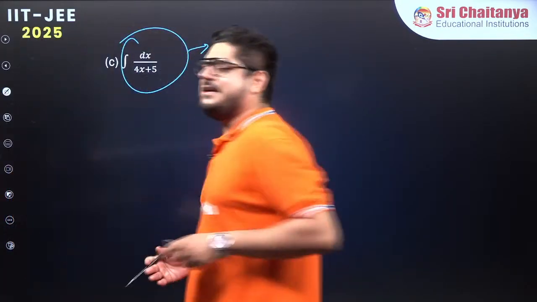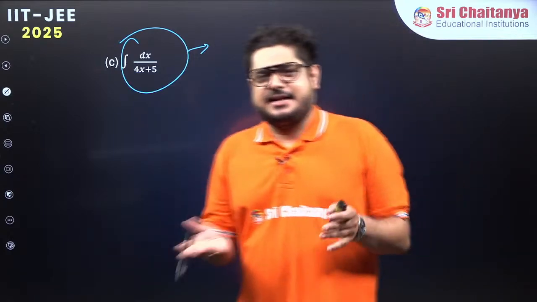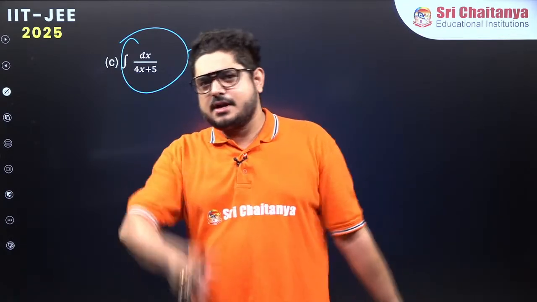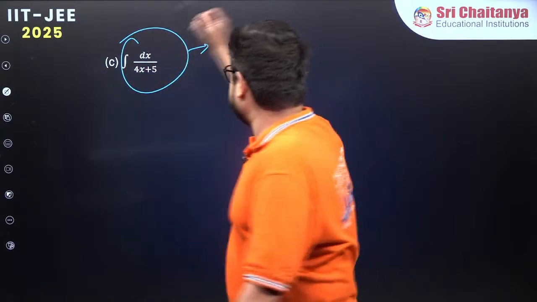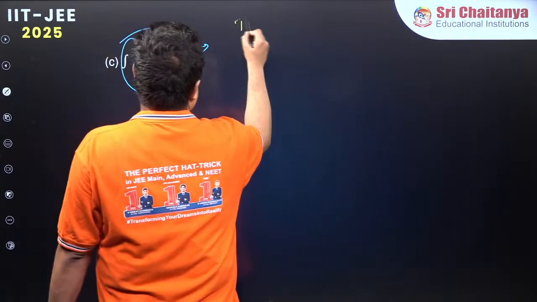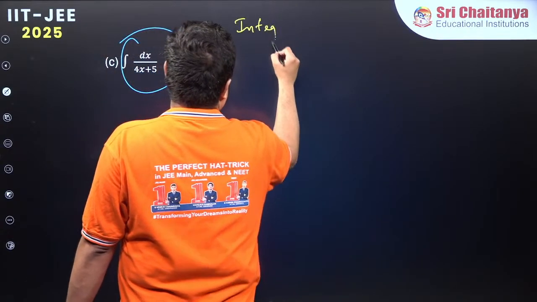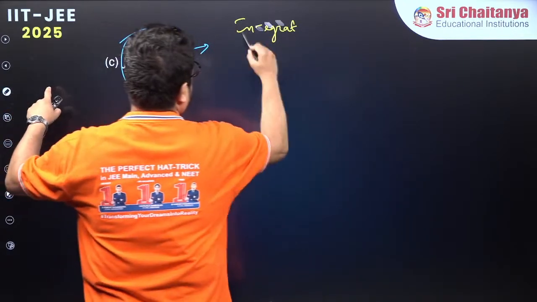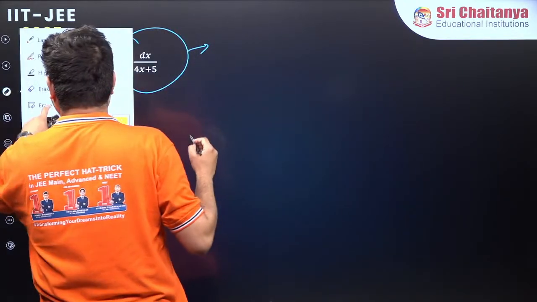See, there are several ways by which you can do integration. In class 12, this is going to be taught in your mathematics JEE curriculum. Integration by substitution. There are several methods. I will write it down. Okay?